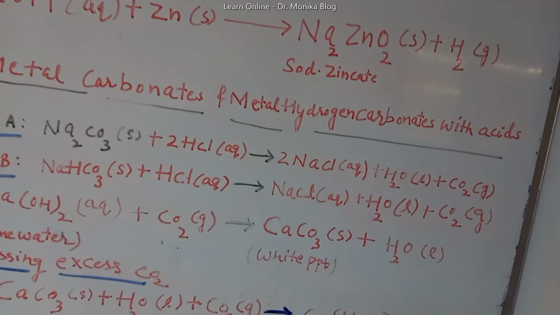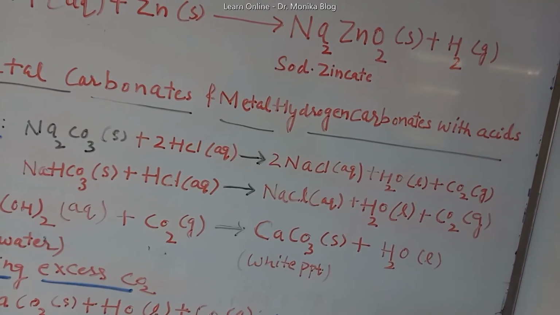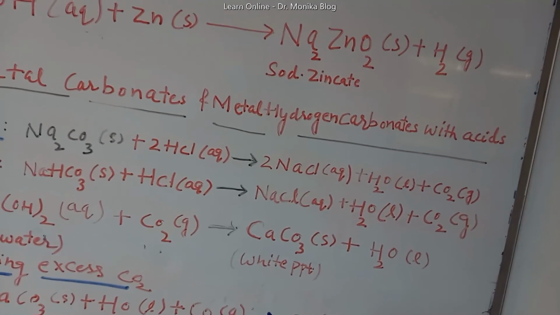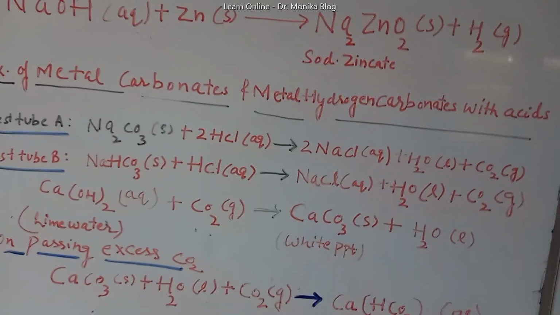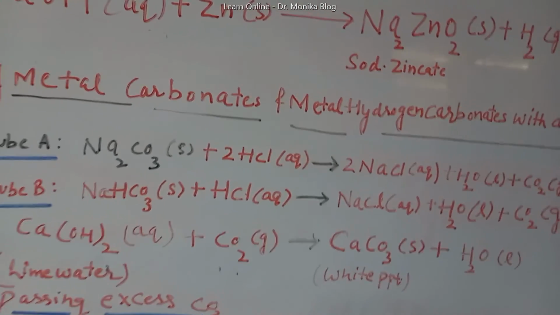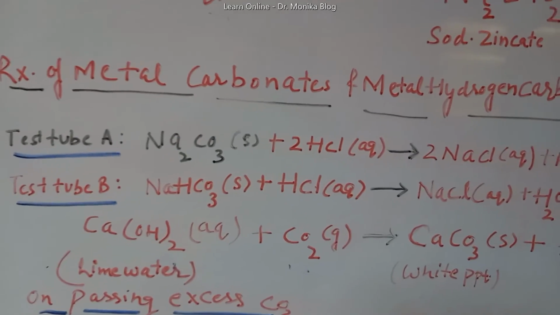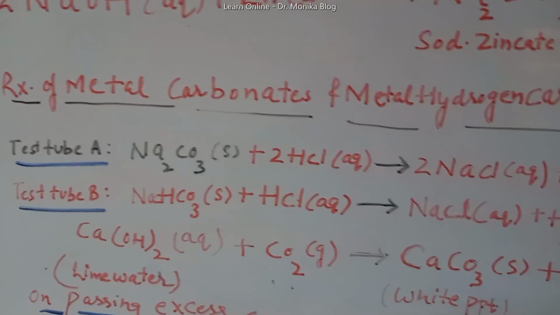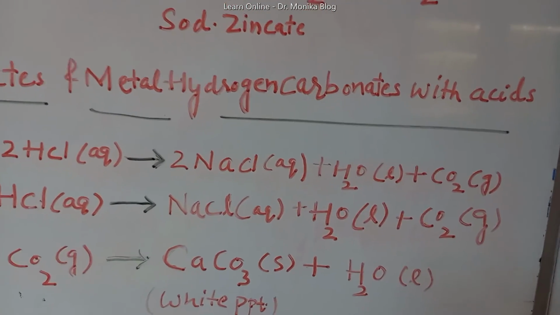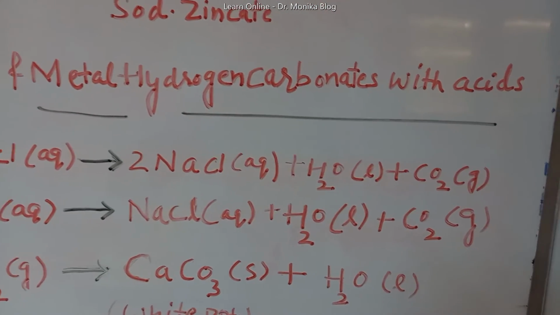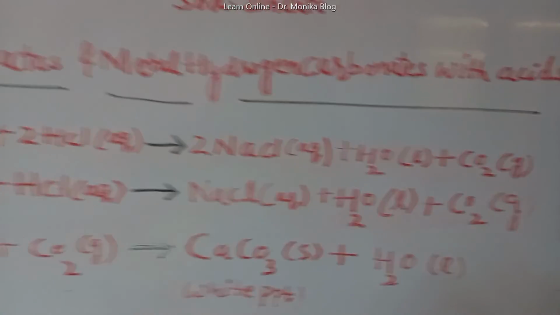We will see that there is a release of gas, that is carbon dioxide gas. The reaction will be Na2CO3 plus 2HCl in test tube A, and it will form 2NaCl plus water plus carbon dioxide.